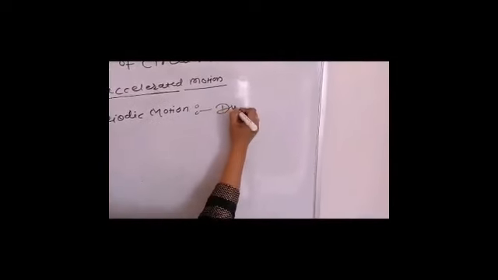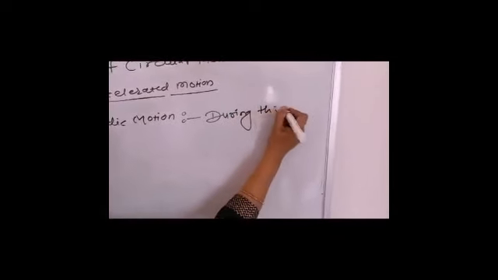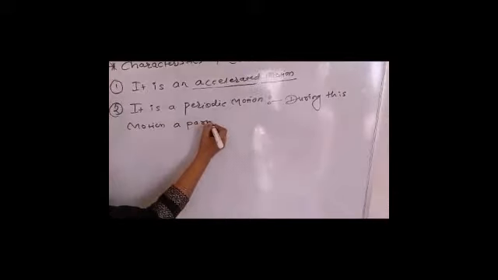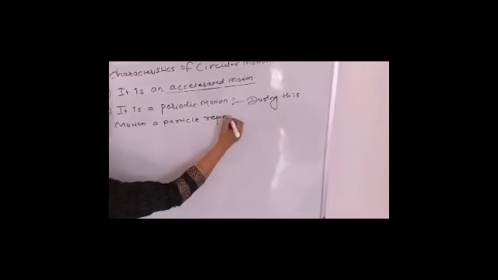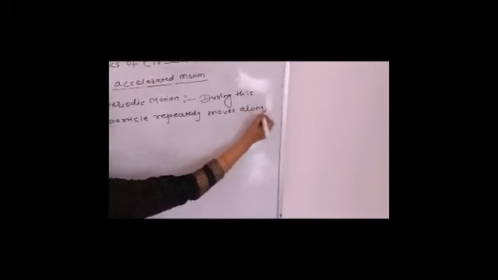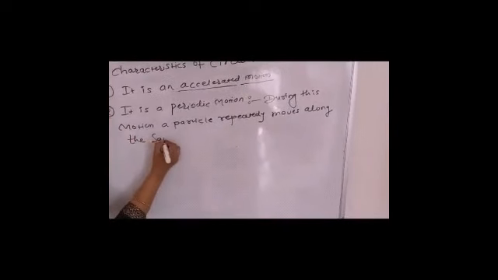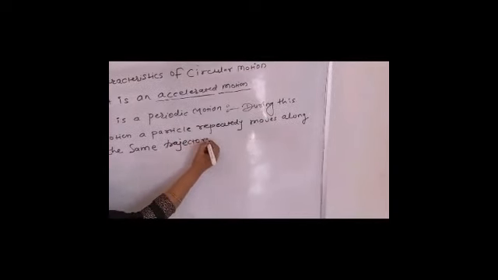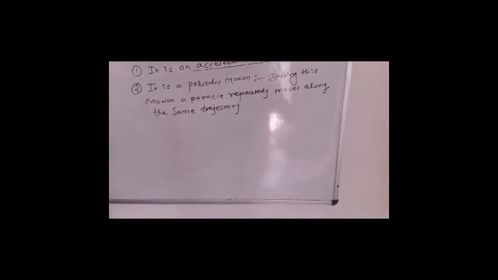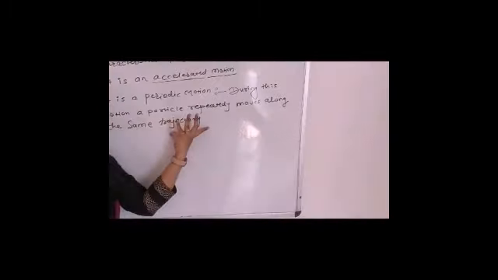During this motion, a particle repeatedly moves along the same trajectory. That is periodic motion. In this periodic motion, how does the particle move along the same trajectory? For that, we will see the example of a simple pendulum.